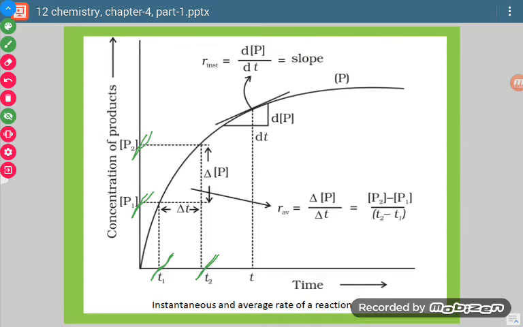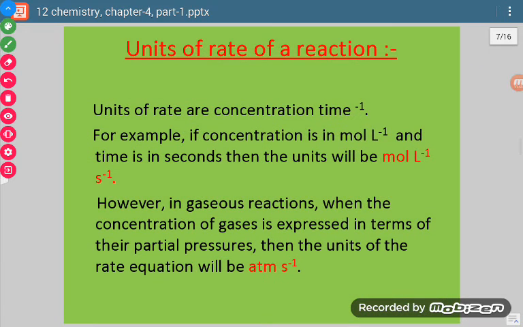So change in concentration is this much, change in time is this much, so the average rate will be equal to this much. So this is the way to find out the average rate and instantaneous rate.